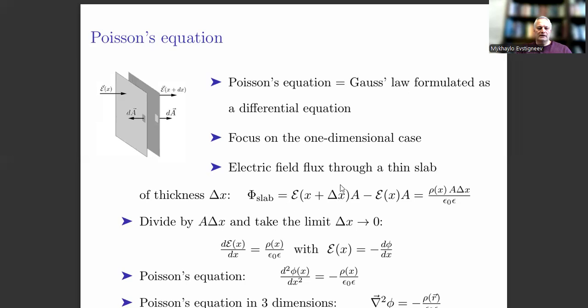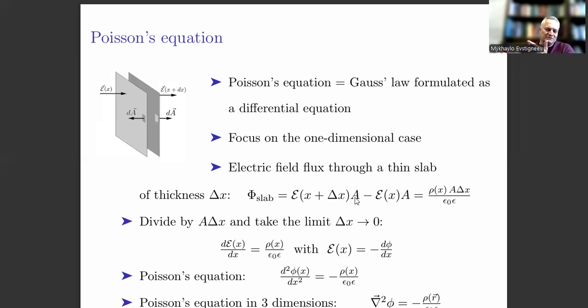Let us assume that the electric field points in the positive x direction. So the electric field flux through the slab is the electric field flux through the right surface, plus the electric field flux through the left surface. The electric field flux through the right surface is E of x plus dx, the electric field on the right surface, times the area of the slab, A. Notice that both values, E of x plus dx or delta x and A, enter with the same sign, because we assume that the electric field points in the positive x direction.